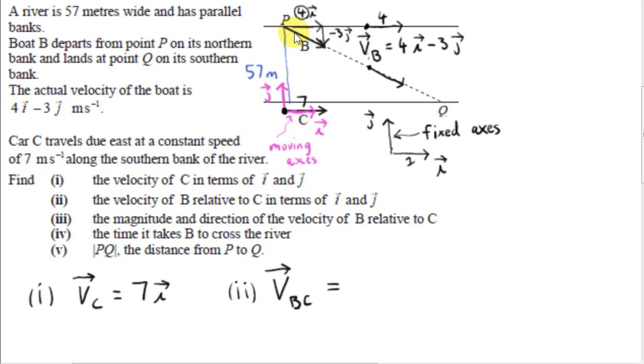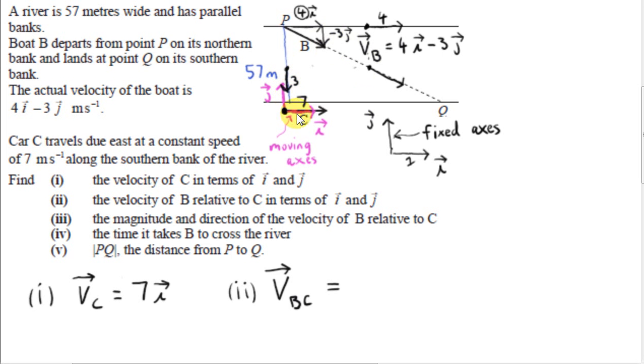If we imagine when the boat is here, projecting it onto a vertical line, this projection will appear to move towards this southern bank with a speed of 3. This is the speed now, so I'm only just indicating the magnitude.